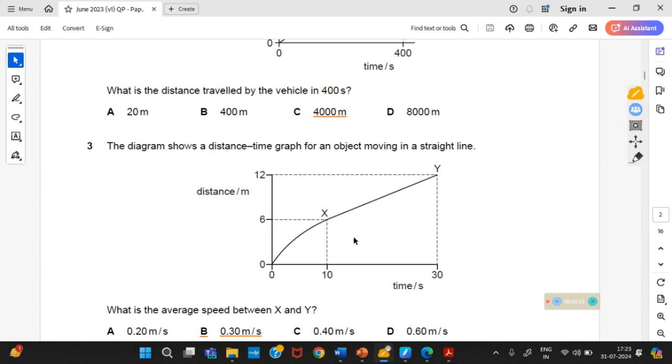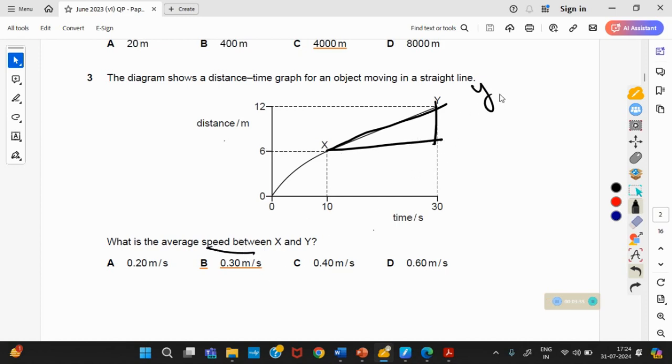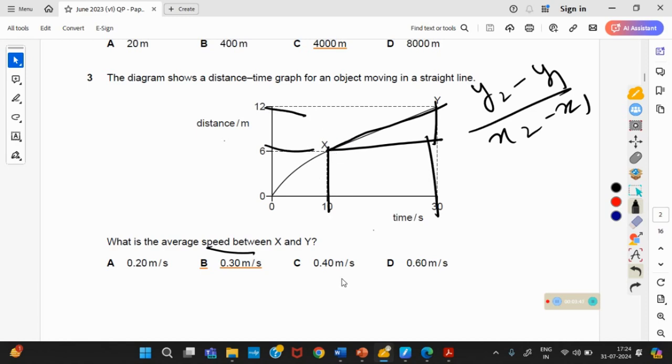The diagram shows a distance-time graph for an object moving in a straight line. What is the average speed between X and Y? We calculate the gradient, because the gradient of a distance-time graph gives you speed. Gradient is (y2 minus y1) divided by (x2 minus x1), the change in y coordinate divided by the change in x coordinate.